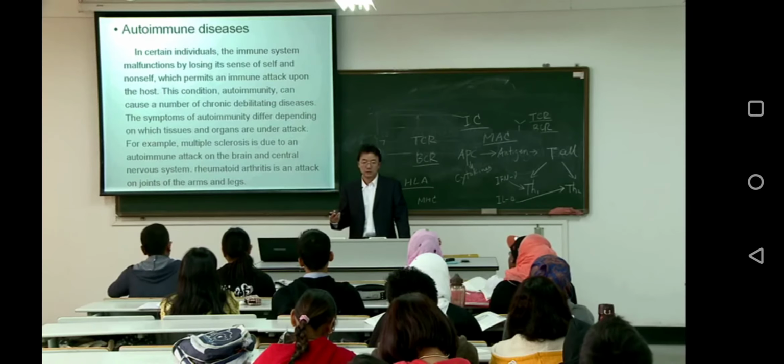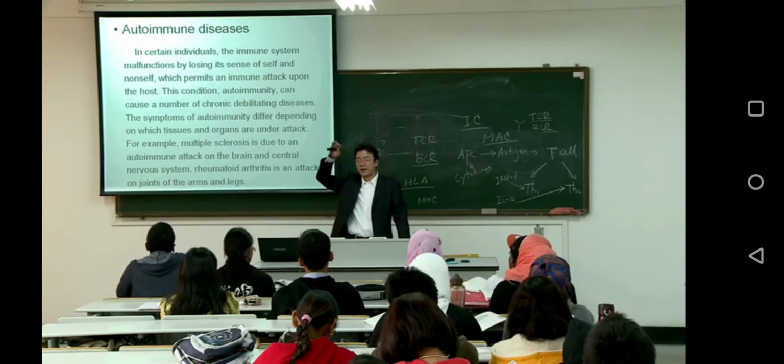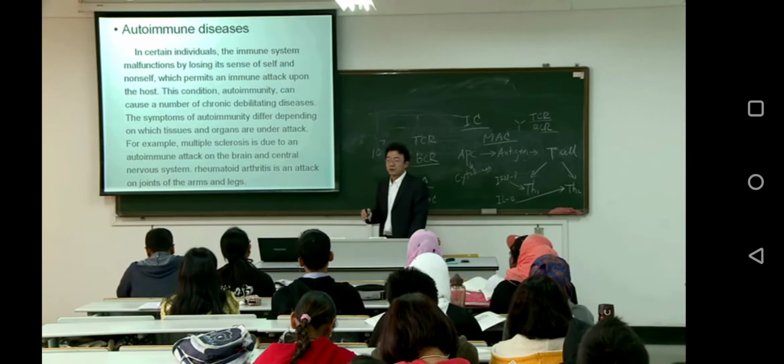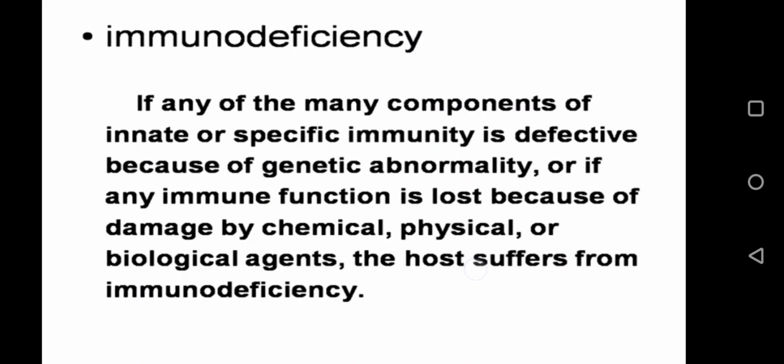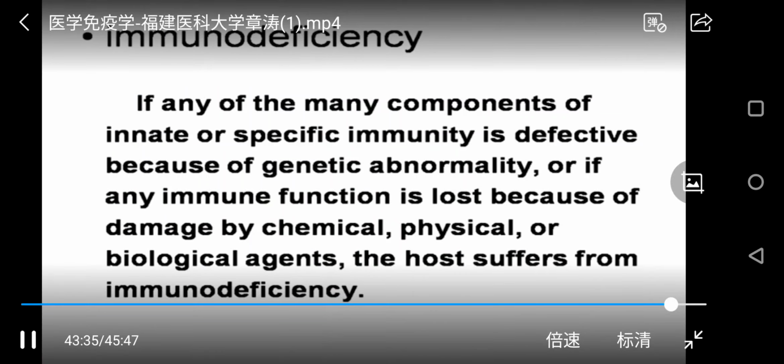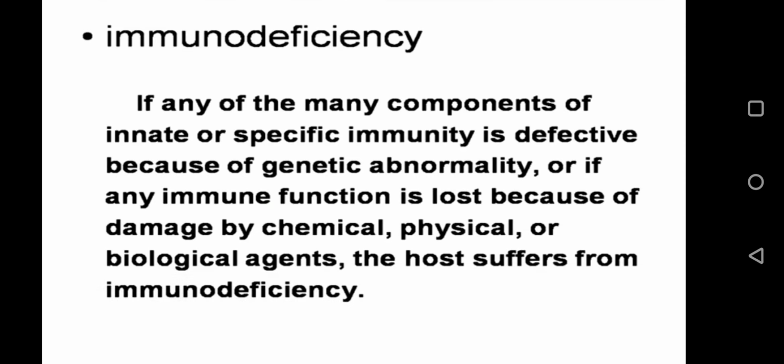Either it is a higher response or overreaction, or it shows deficiency, or it shows tolerance. Immunodeficiency is a good example, like acquired immunodeficiency syndrome. We call it AIDS.